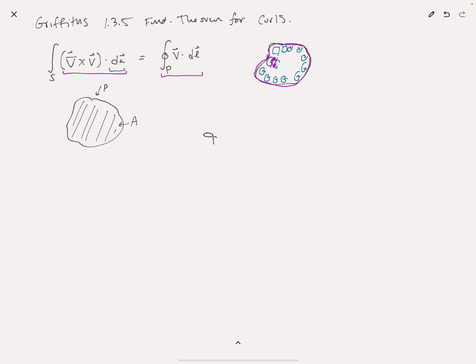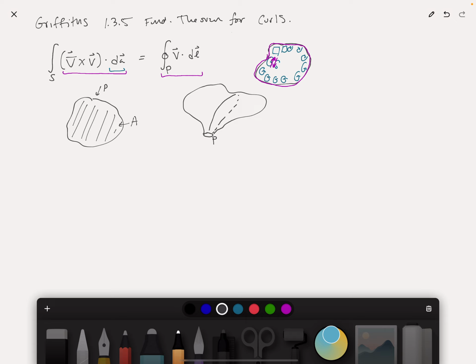This is my perimeter, and I have some surface in 3D space, where now the area that I would integrate over would be this space here, not the open neck here. But I still could integrate my path integral over this small perimeter and this small loop that encloses this path.